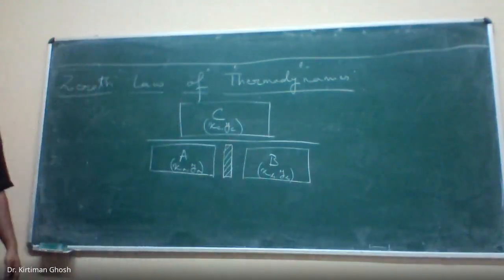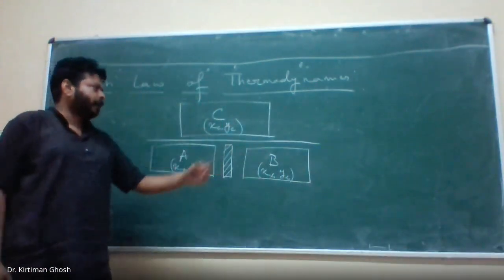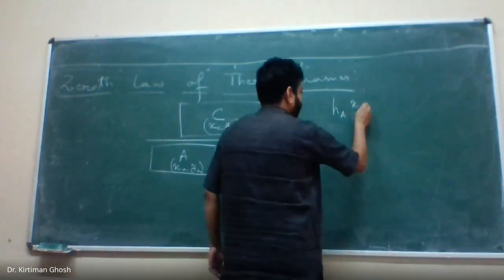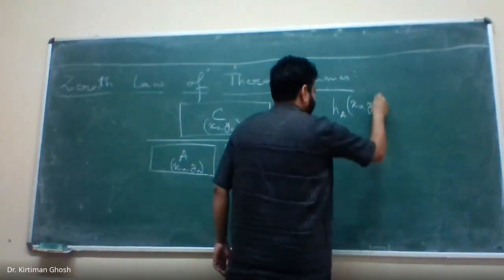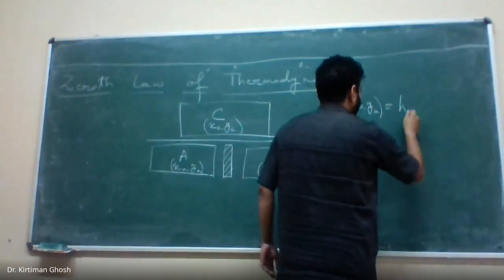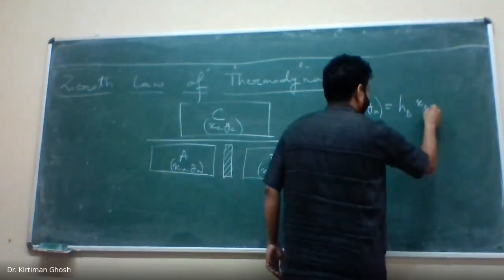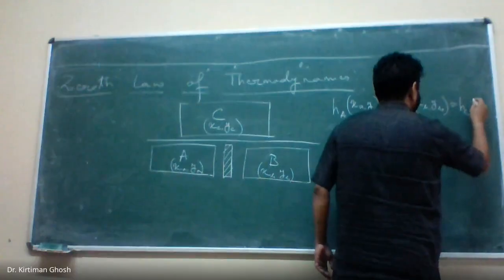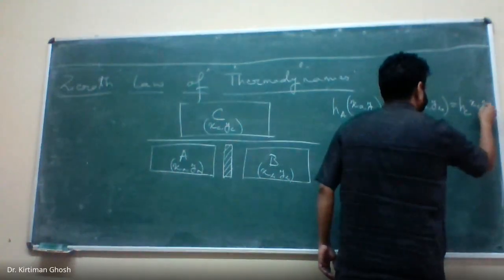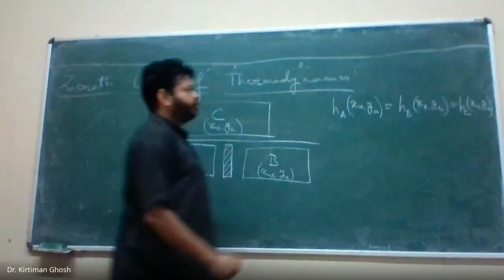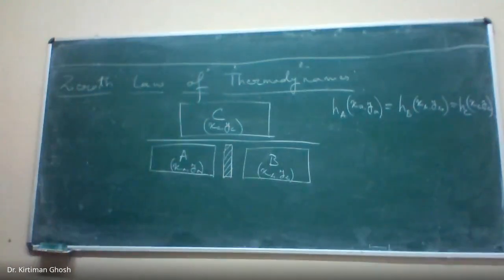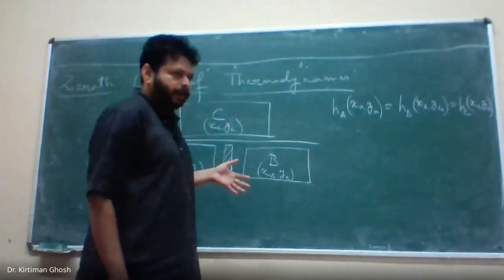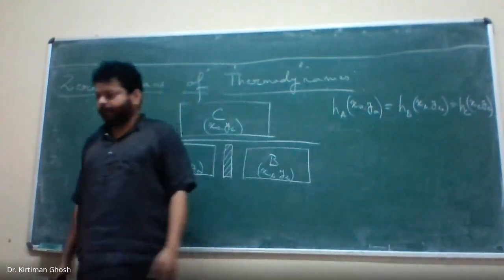Then the zeroth law tells you that if A, B, C are in thermal equilibrium, there must be some function HA, which is a function of XA and YA, equal to some function HB of XB and YB, equal to some function HC of XC and YC. We proved these equations from the zeroth law in the last class.